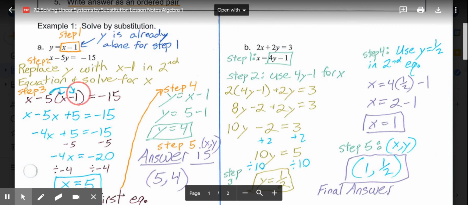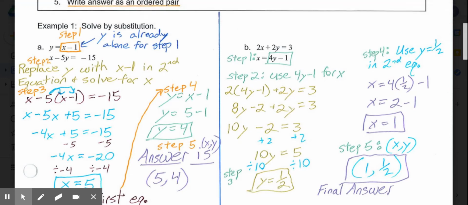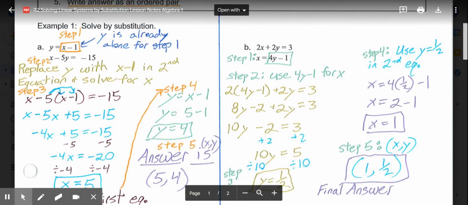Negative 5 times negative 1 is a positive 5. So we have x minus 5x plus 5 equals negative 15. Then we want to solve for x. So x minus 5x can be simplified to a negative 4x plus 5 equals negative 15.